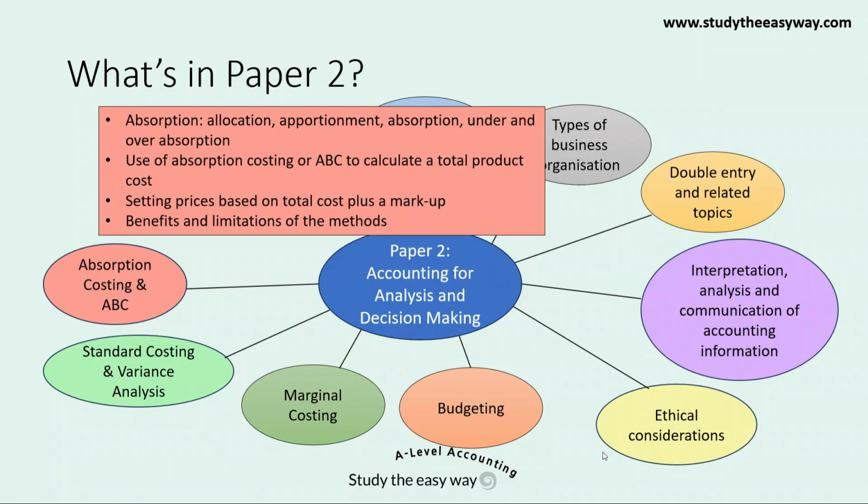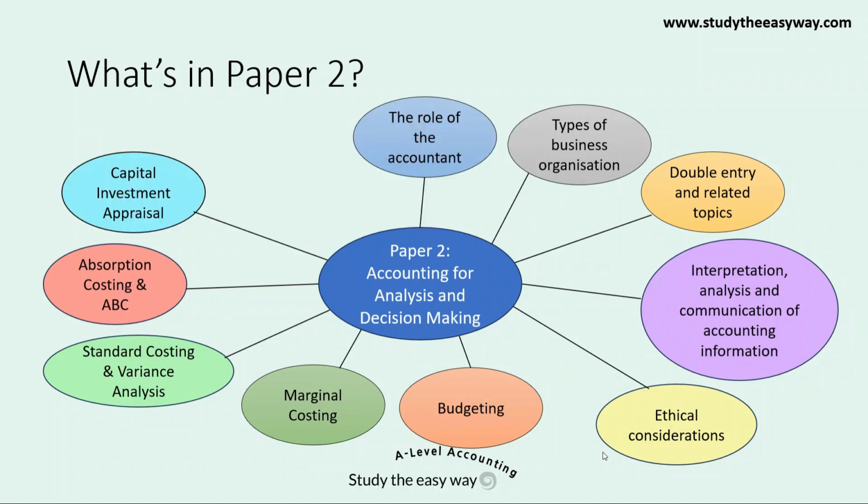You'll also have to be able to use cost pools and cost drivers to associate overhead costs with products based on how and why the cost arose to calculate an activity-based product cost. This section also includes calculating selling prices based on a markup on product cost and assessing the benefits and limitations of the costing methods.